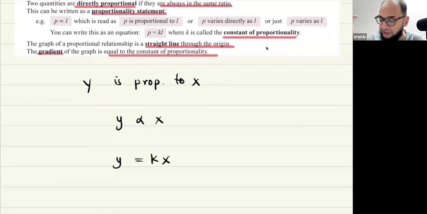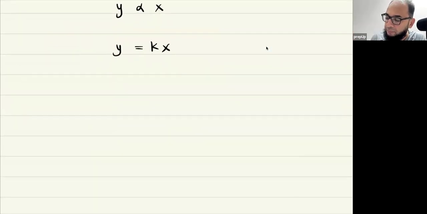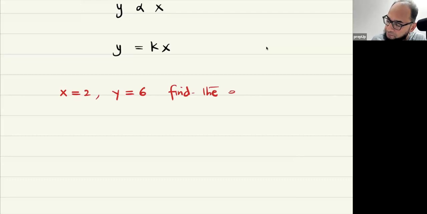Let's talk about this. Let's say I'm given some information. When x is 2, y is 6. Find the equation relating x and y.